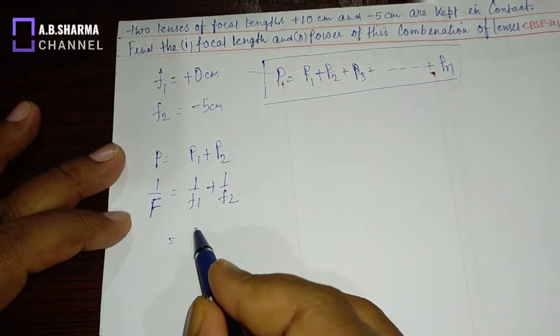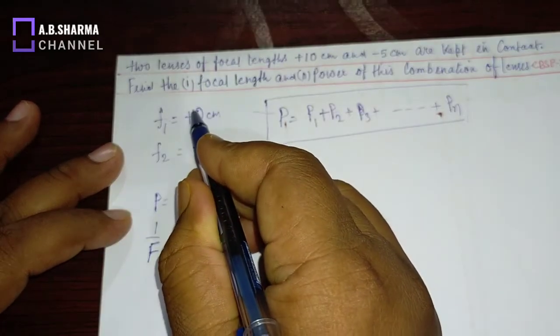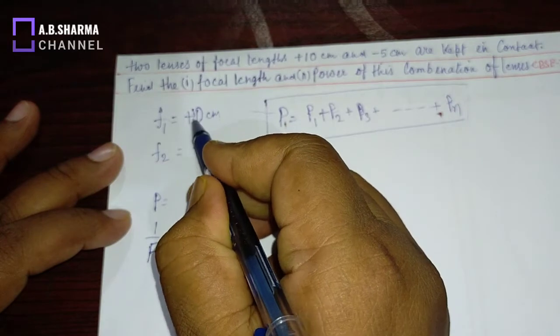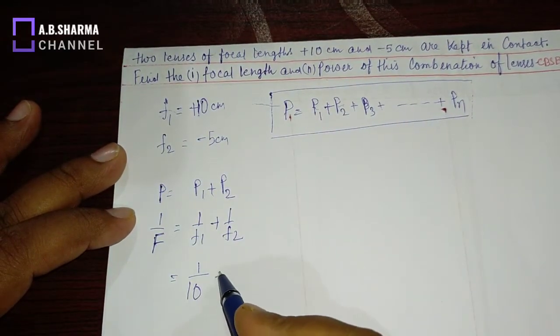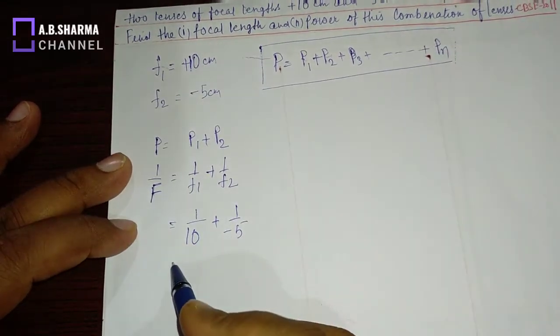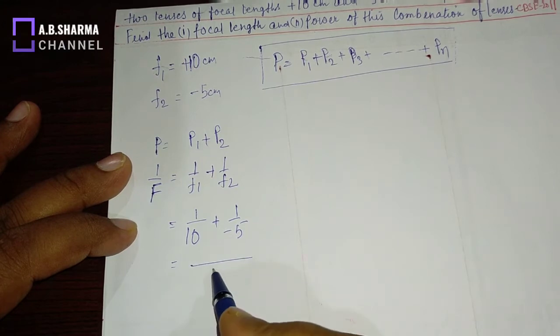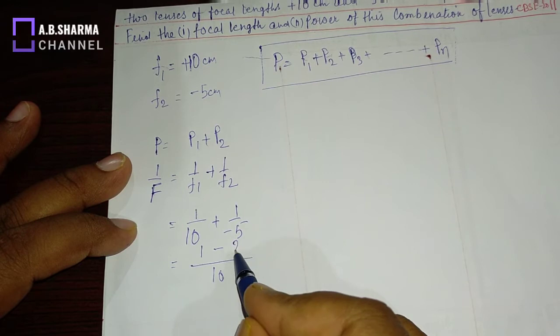So 1 over F equals to 1 over plus 10 and 1 over minus 5. Equalizing the denominator by taking LCM, this will be 10, this is 1, and this is minus 2.